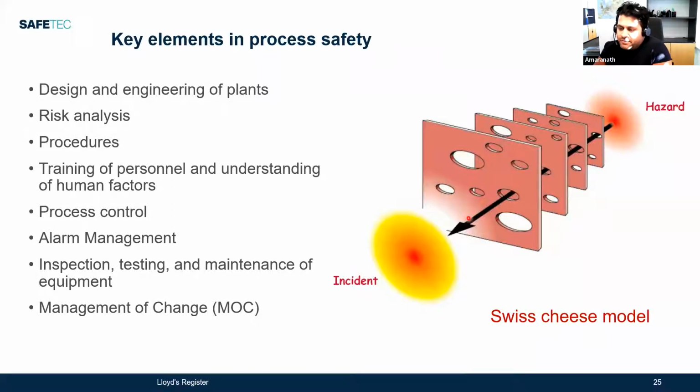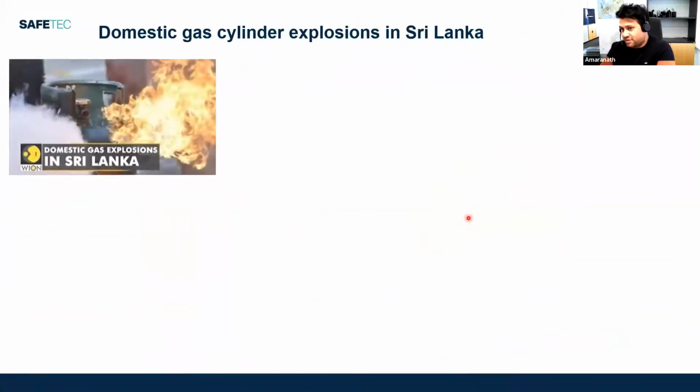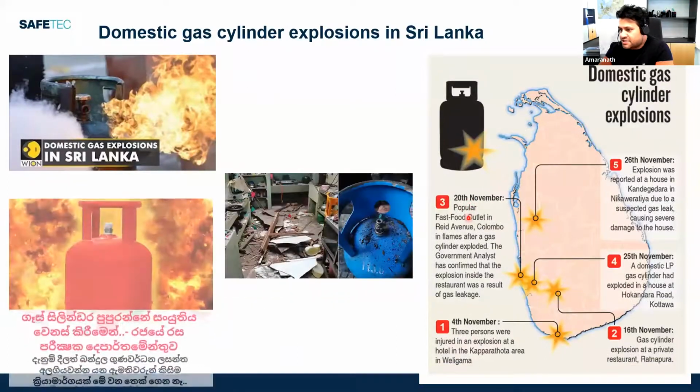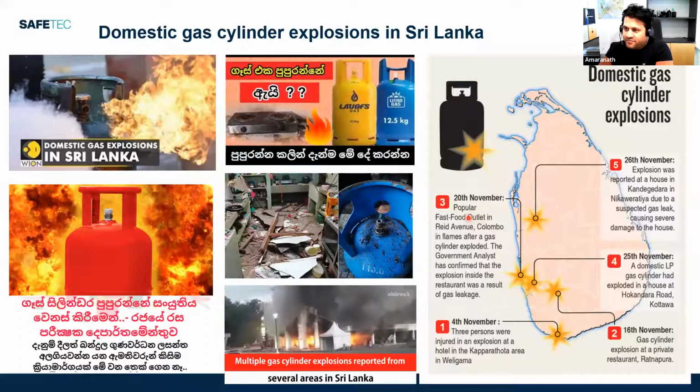So at the end of the presentation, I will focus on the management of change. This is very important, and this is the key element that failed during the recent mysterious gas explosion accidents in Sri Lanka. In the last couple of months, we have experienced several gas accidents, and people are talking about different reasons.